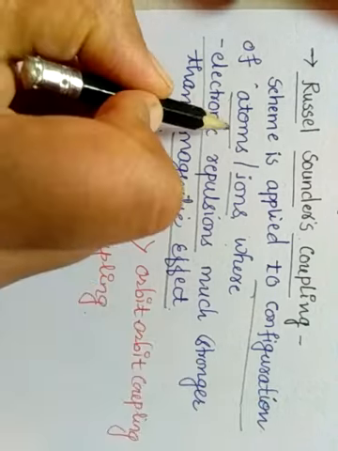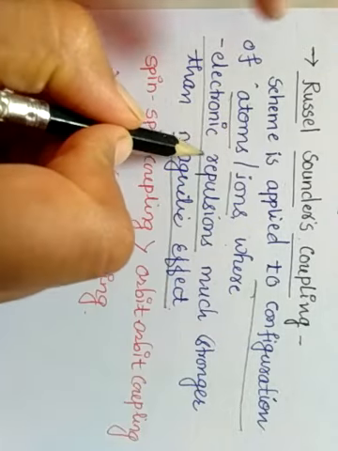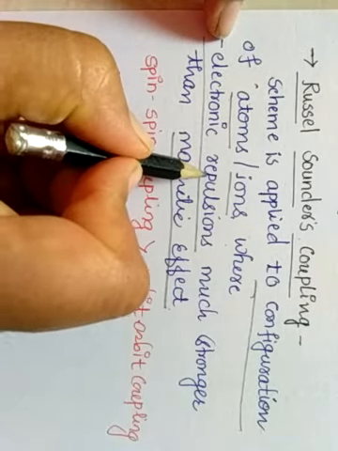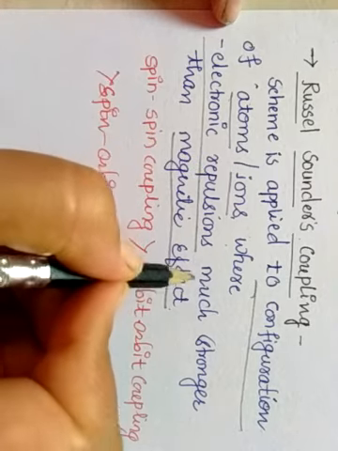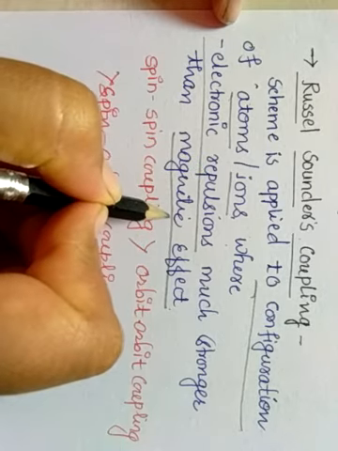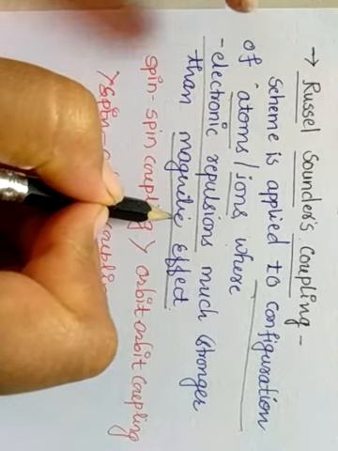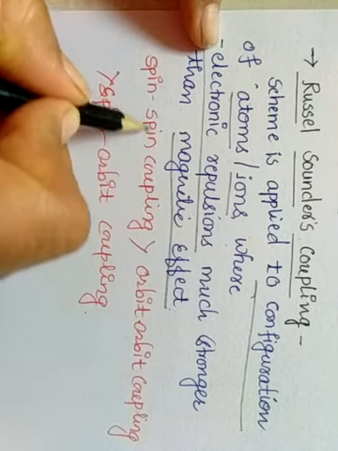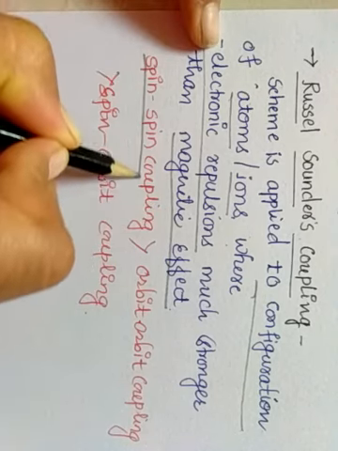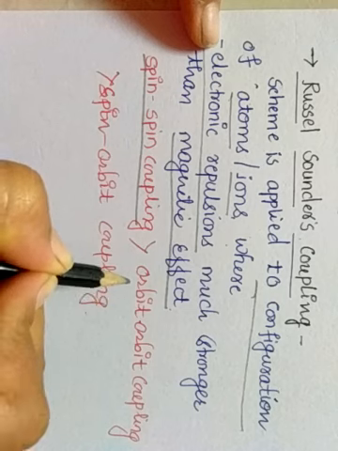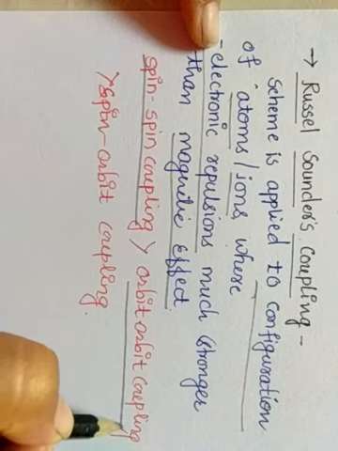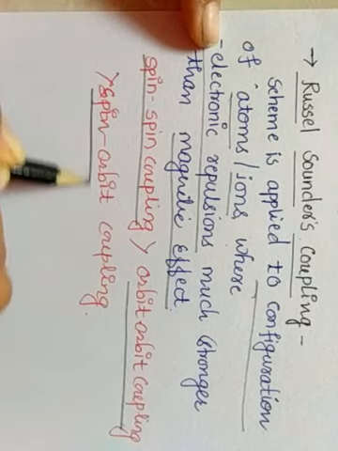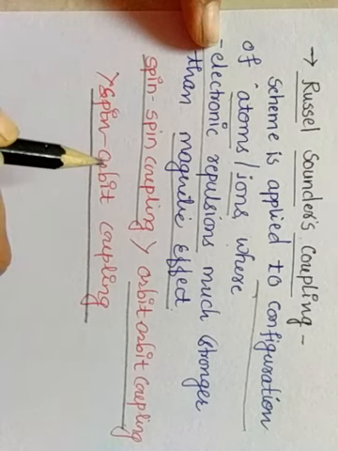That is the configuration of atoms and ions where electronic repulsion, the electrons getting repulsed from one another, is much stronger than the magnetic effect. It is assumed that spin-spin coupling is more favorable than orbit-orbit coupling, and that is more favorable than spin-orbit coupling, isn't it?